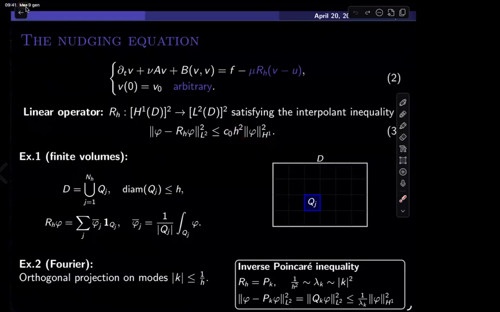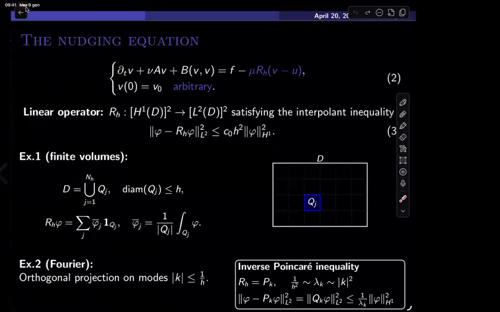So this is the abstract form of the linear interpolant operator, but you have different concrete examples of this operator. The first example that you usually use in practice is the so-called finite volume. What is the idea?